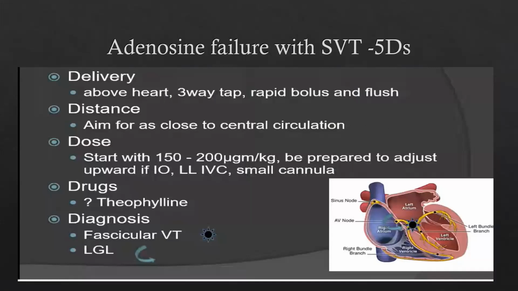So if you give it through a cannula, it should be in a large vein, with the arm up in the air, using the 3-way tap if the child is more than 10 kilos, and we will speak about this later, and ensure a fast bolus and flush straight after adenosine. So this is the first D, delivery.